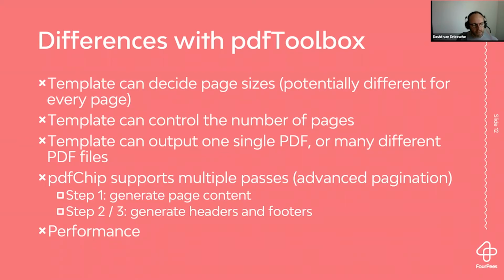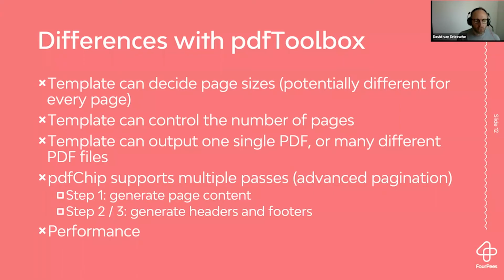Yes. pdfChip solves this by giving you the ability to use multiple templates. A first template would generate all of the main page content. So in the case of your invoice, the first HTML template would look at all of the call information and so on, and it would generate enough pages to keep all of the invoice data. Once that is done, you know how many pages there are.